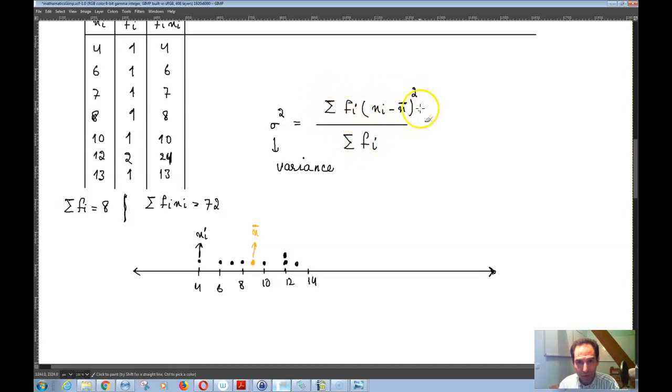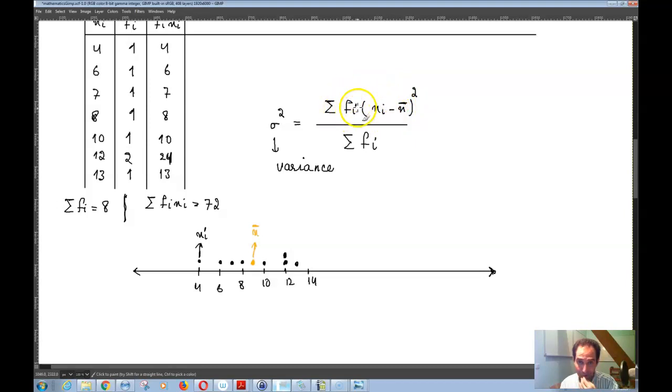Before adding those numbers together, you are actually raising this x of i minus x bar to the second power. Meaning that if this distance is, for example, 4 to 9, which is 5 units, then this number is going to be 25.